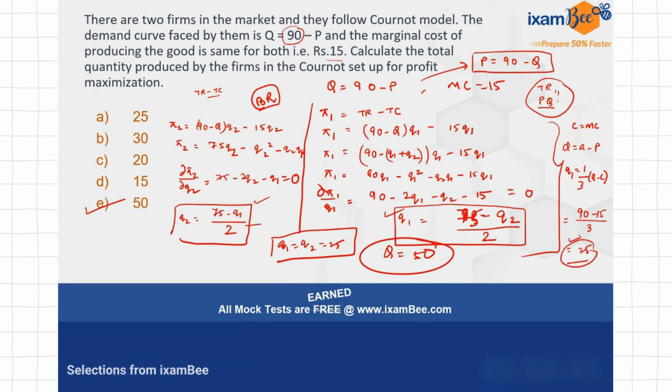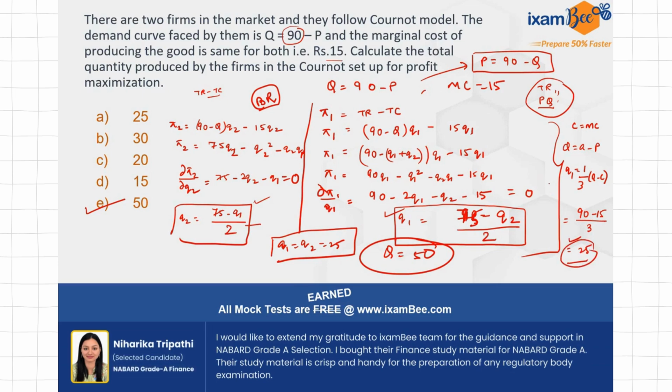This is a very quick shortcut trick. This is the quantity produced by each of the two firms, so the total would be 25 plus 25, which is 50.